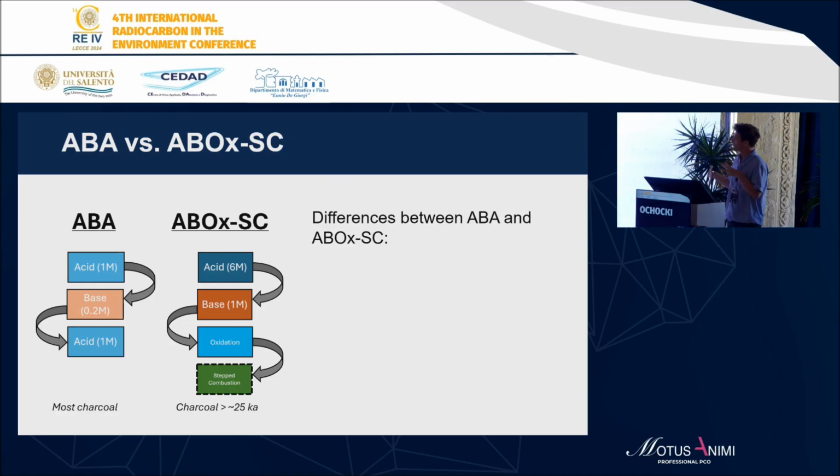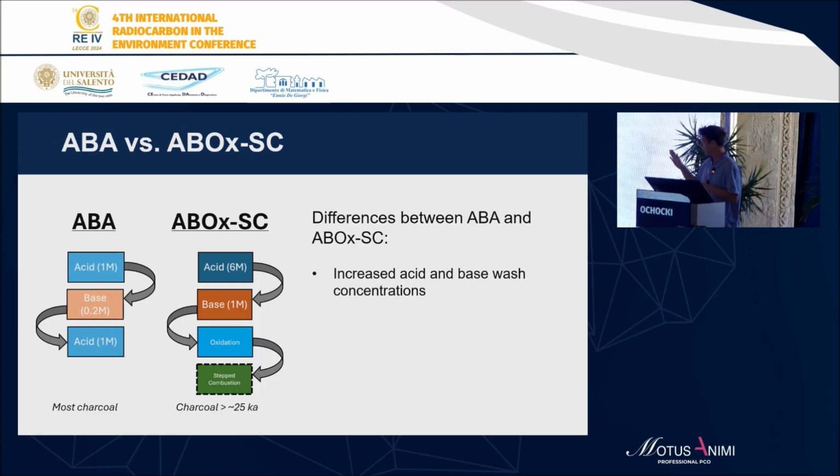So unpacking those differences a bit further, I can identify three differences between ABA and ABOX. The first is an increase of acid and base wash concentrations, quite a stark increase.